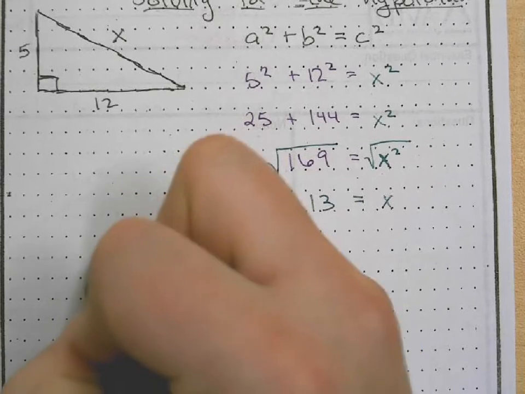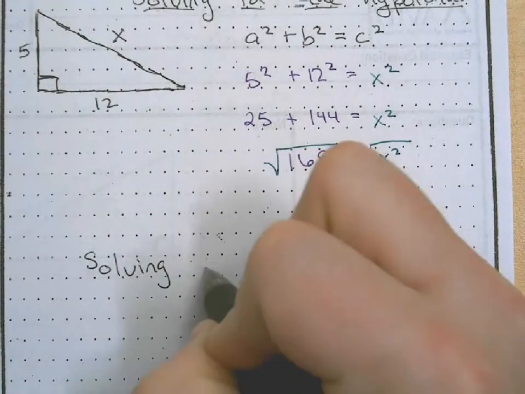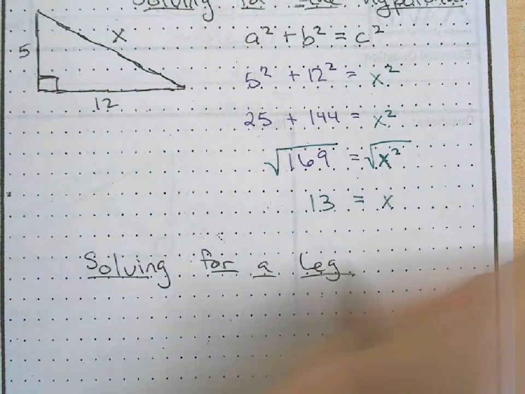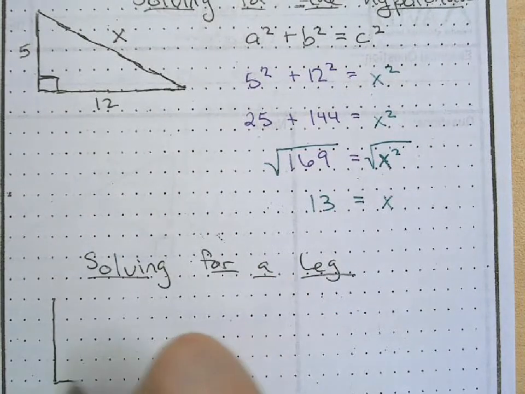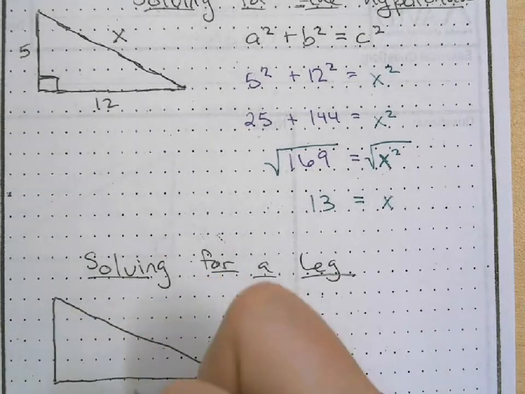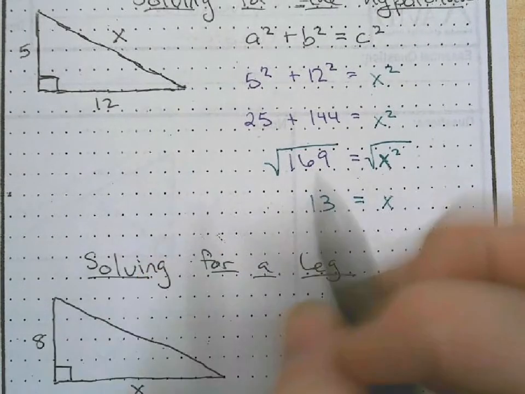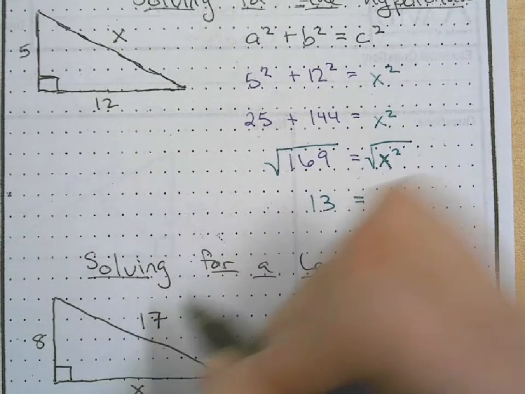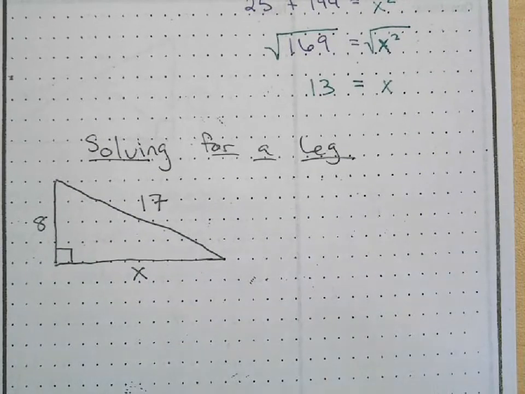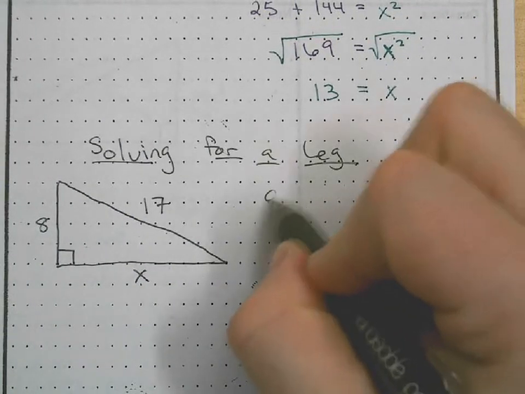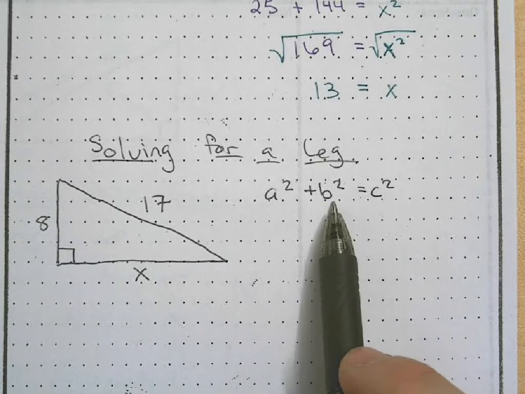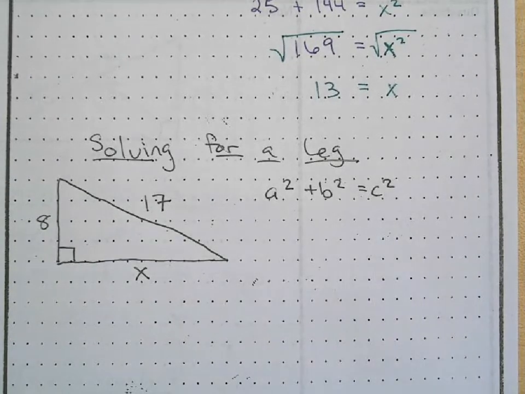Now what if we're solving for a leg? So we'll have a right triangle. We'll say this is our x. We'll call that 8. And we'll call that one 17. And we're just going to plug into our formula. A squared plus B squared equals C squared. So leg squared plus the other leg squared equals the hypotenuse squared.